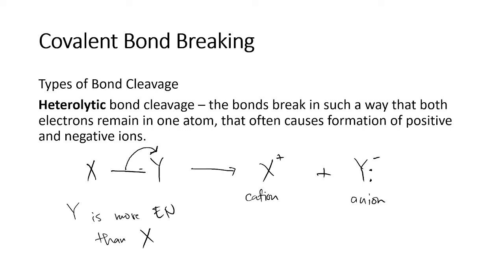So kapag meron tayong dalawang free radical, and those free radicals almost have no difference in their electronegativity, as you may have remembered, at least hindi greater than 2 yung kanilang difference between their electronegativities, we will then be forming what we call covalent bonds. So, as you may have remembered, from that homolytic bond cleavage, if we just reverse the reaction, we will be actually forming what we call covalent bonds.